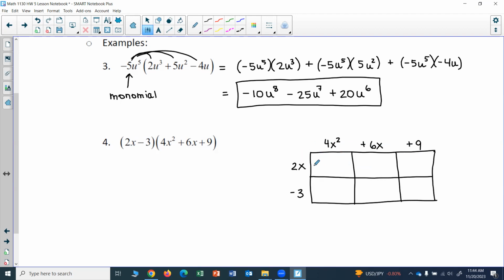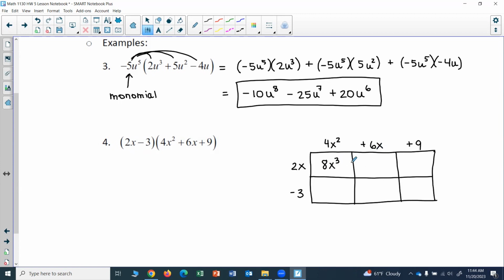So now it's kind of like I'm finding the area of each piece of this box. So in the first little section, I have 2x times 4x squared. So using my rules of exponents, this would be 8x to the third power.